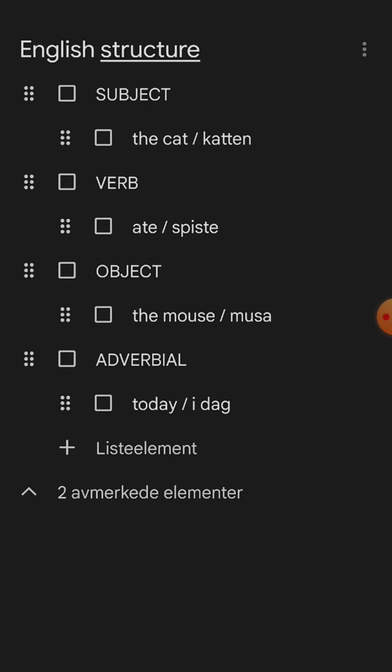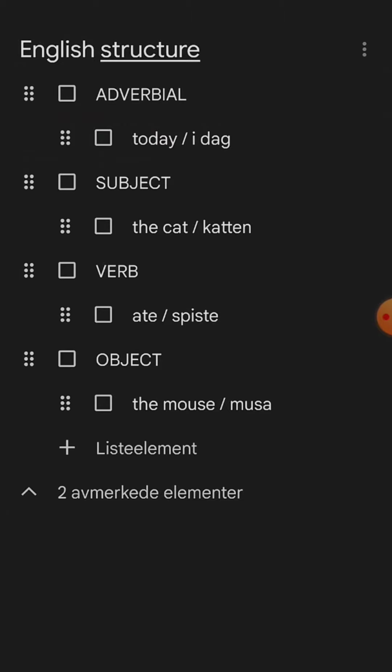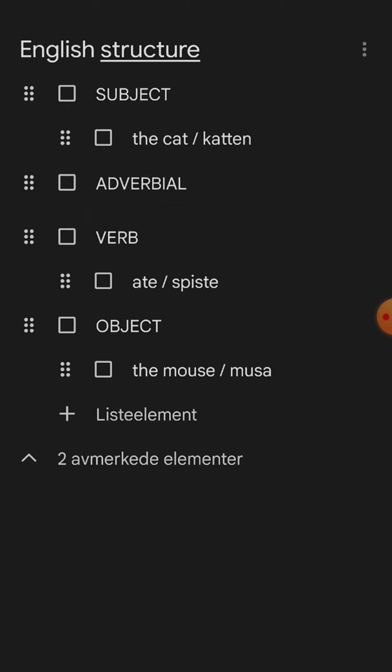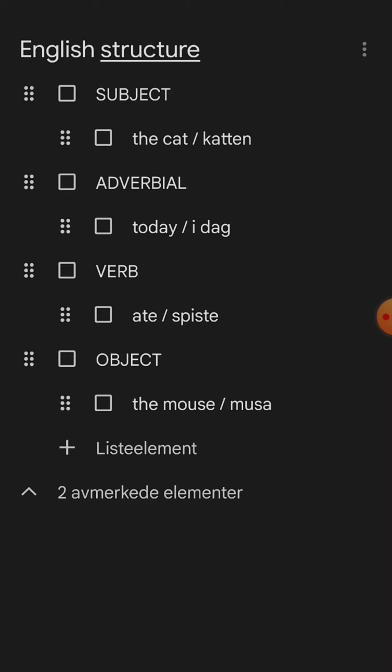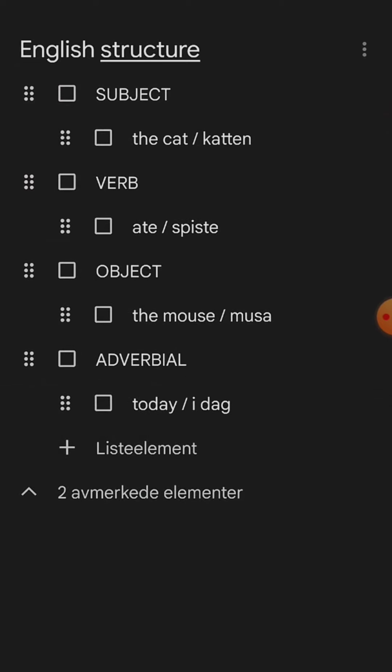Because if this is the structure, then why can we move this to the beginning of the sentence? Well, you might think, oh, that's just because the adverbs are free to go just about wherever, but that's not strictly true. The cat today ate the mouse is not a correct sentence. And yeah, it's looser than most categories, but it's structured. There are rules for where the adverbial can go.